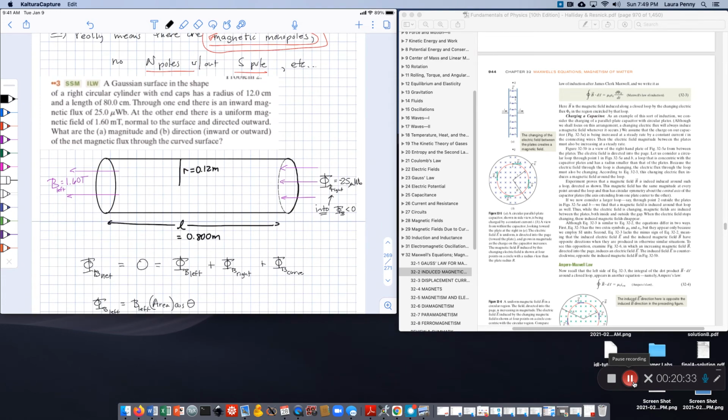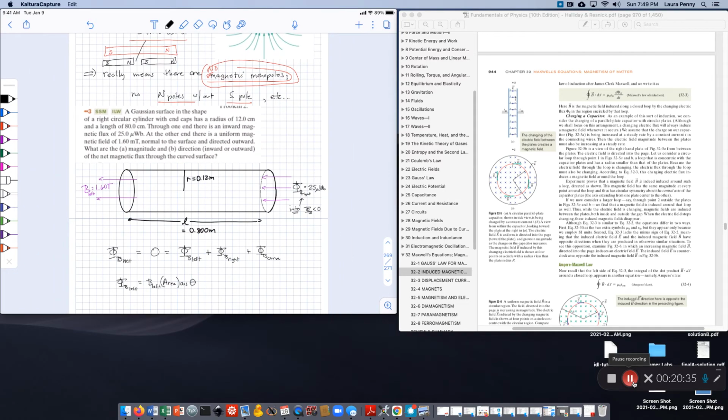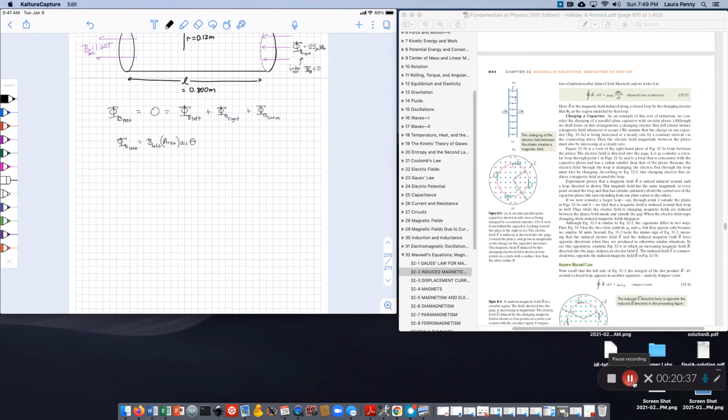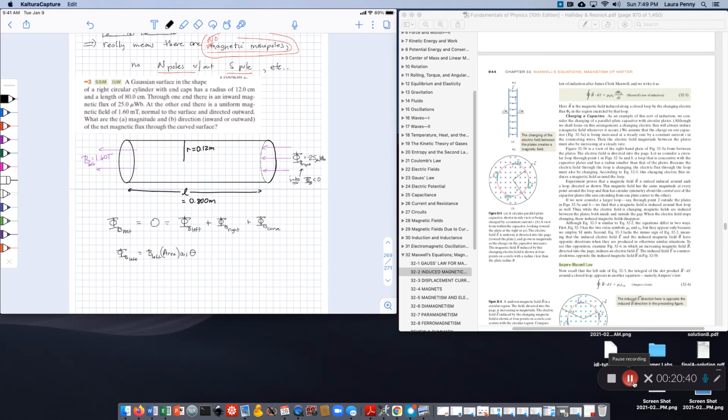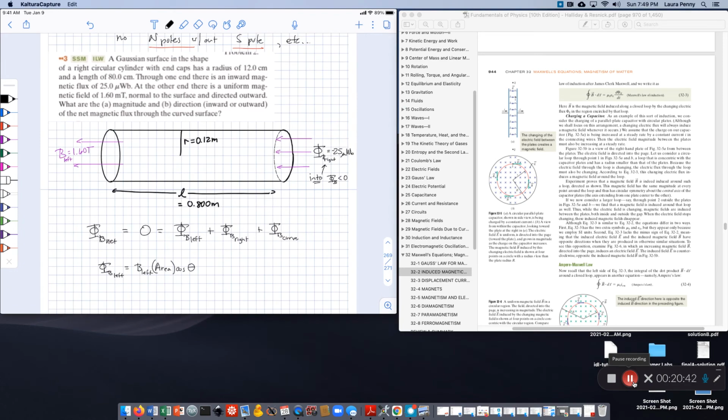Number 3, I may see if we have time to do this one in class, just because I don't want this to be particularly long. But this is the same idea. I have a Gaussian surface in the shape of a cylinder with a radius of 12 centimeters, from here to here, and the length of the whole thing is 80 centimeters.